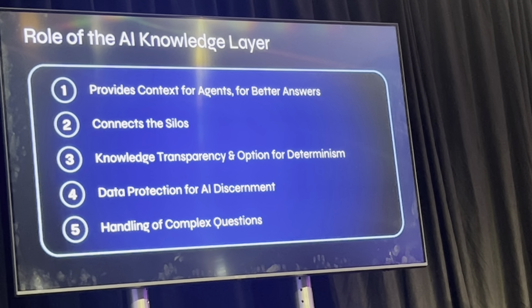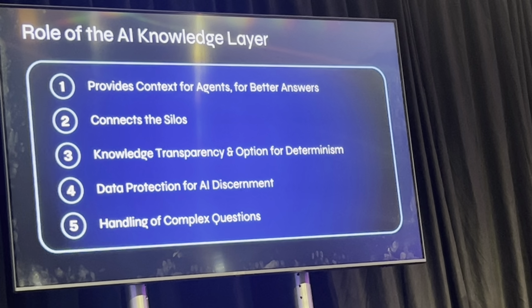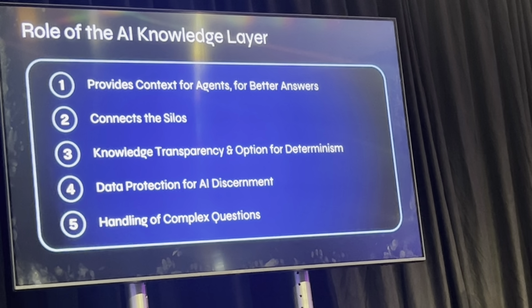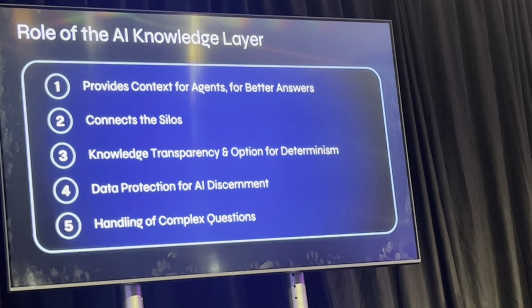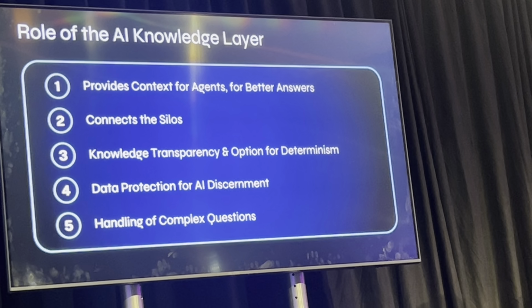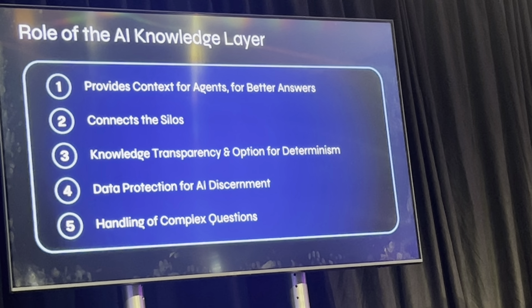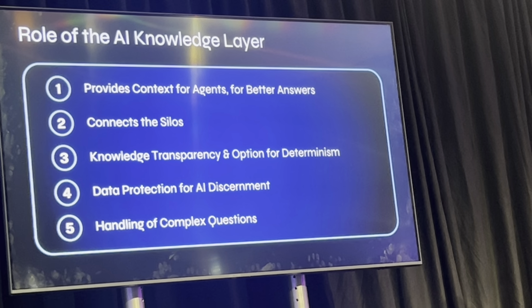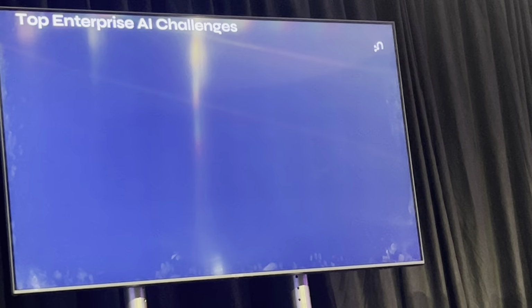And there reaches a point where if I've got a 14-way join and a bunch of recursive queries, the model becomes less and less accurate in generating a query that will actually work. And it turns out that because the Cypher language is much more terse, a SQL query this big might be a Cypher query that's 3 or 4 or 5 lines. And there's a much higher rate of accuracy in generating the query, and then that query actually runs much faster in the graph, because that's what it's built for. So that's what I mean by handling of complex questions.